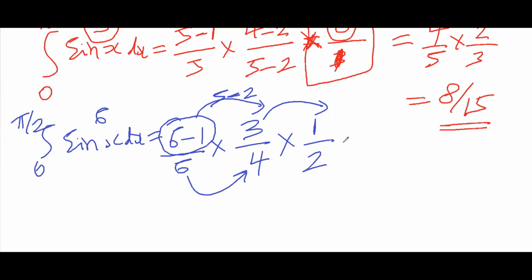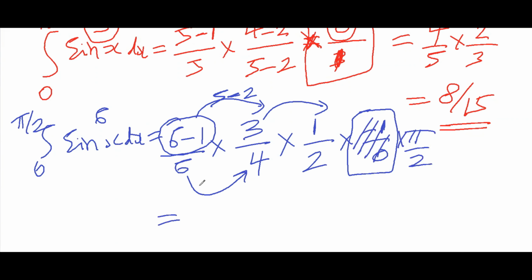Again, what is 1 minus 2? It is minus 1. And what is 2 minus 2? It is 0. So in the denominator, whenever you are getting 0, what will you do? You will not write this. Instead of that, you are going to write pi by 2.